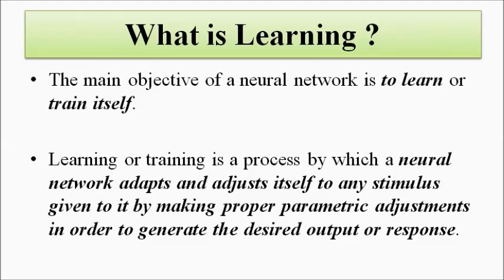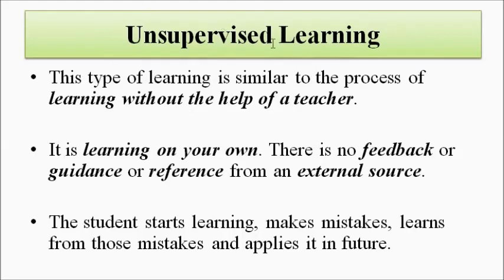The neural network is continuously fed with new data, in huge amounts, and it has to process that data and generate the desired output by making these parametric adjustments, that is changes in the weights and the network architecture. I've already discussed this in the supervised learning video, so please check out that video first. So I will discuss the unsupervised learning.